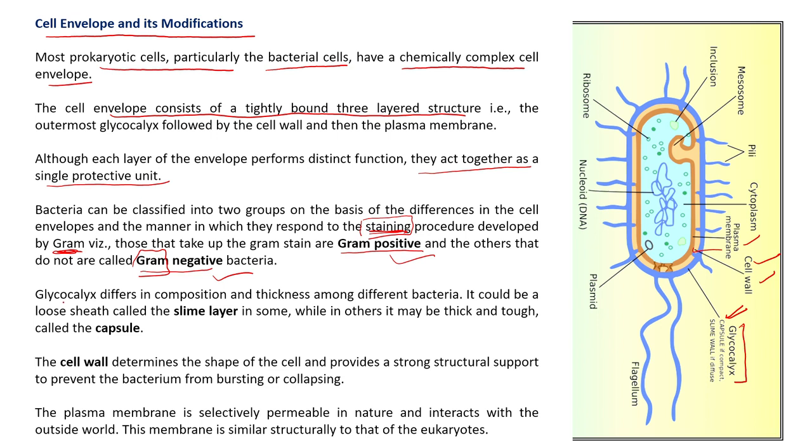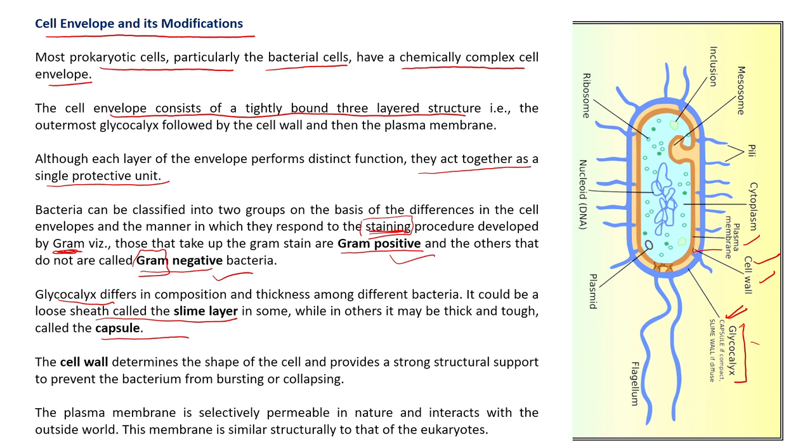Now we'll come to the glycocalyx portion. If the glycocalyx is a loose sheet, it is called a slime layer, and if it is very tight and compact, it is called a capsule. So glycocalyx is of two types: the slime layer when it is a loose sheet, and the capsule when it is very tight.